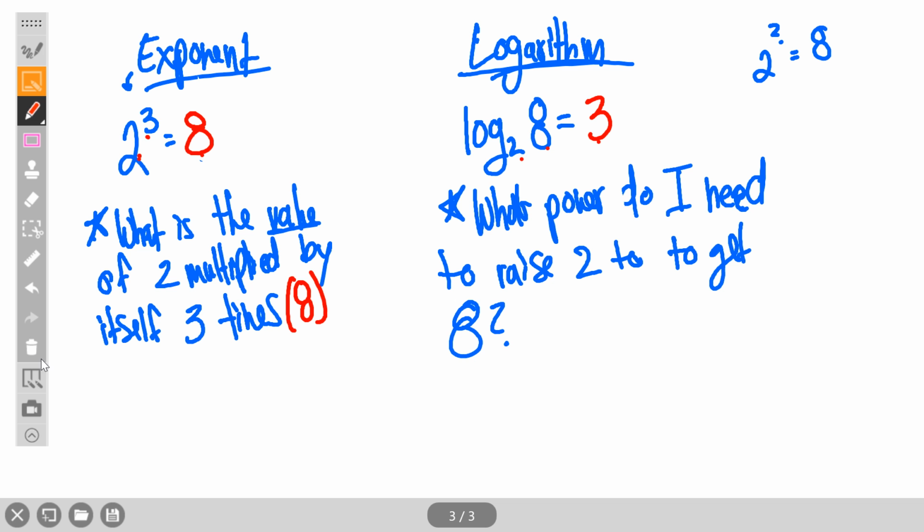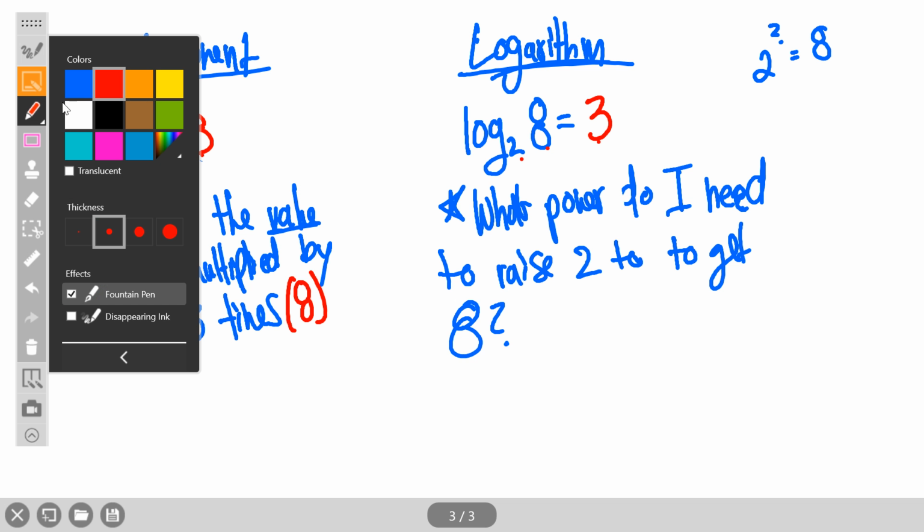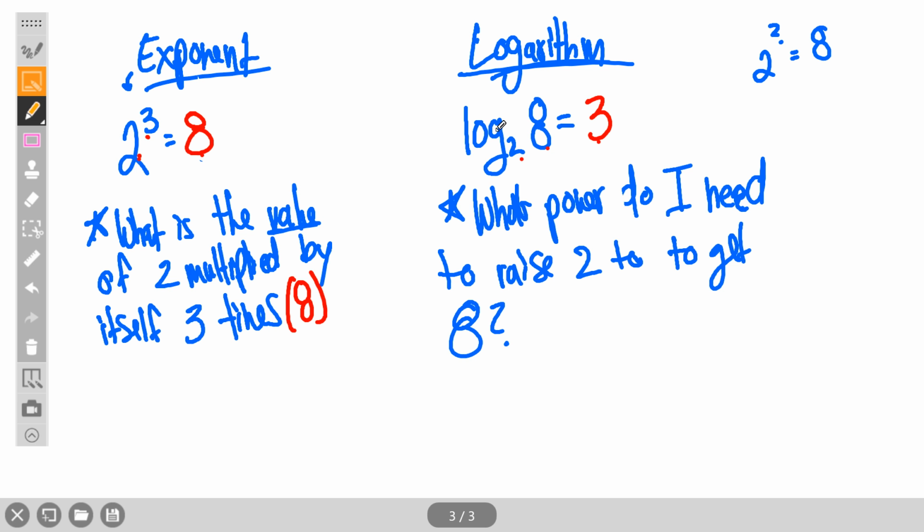Now let's look at how we can convert between the two forms. Well, if I look at the two forms, the bases are the same. The base of the exponent and the base of the logarithm are the same. The only difference is the argument, what's affecting the base, which in this case is the 3, and in this case is the 8.